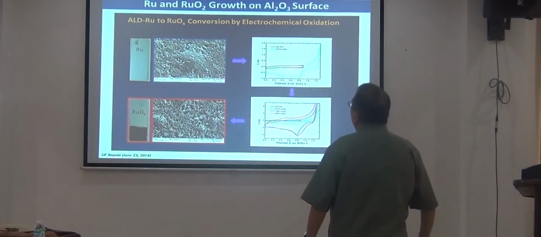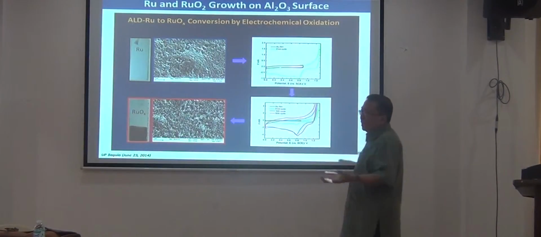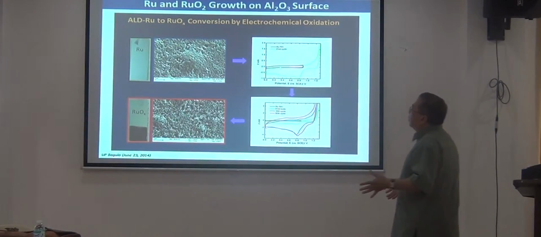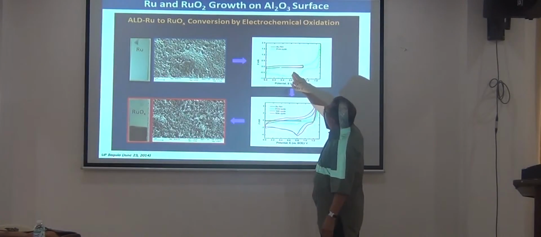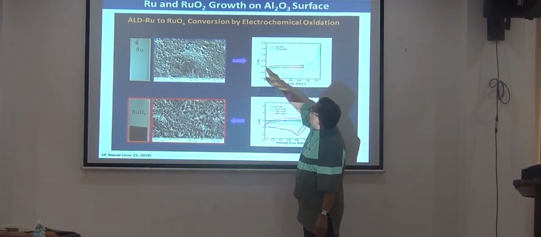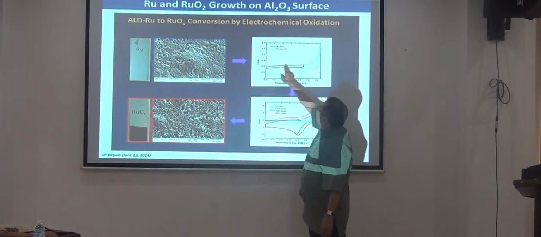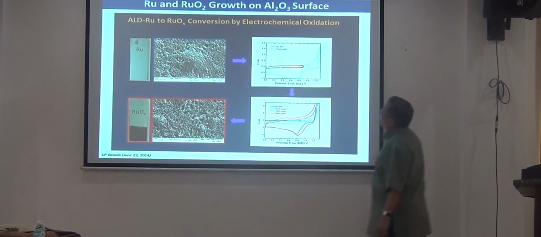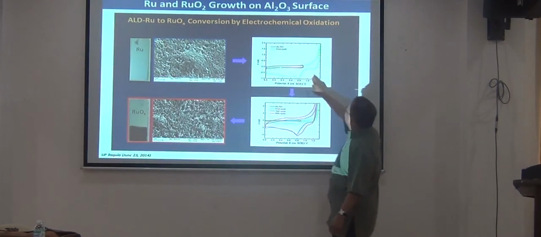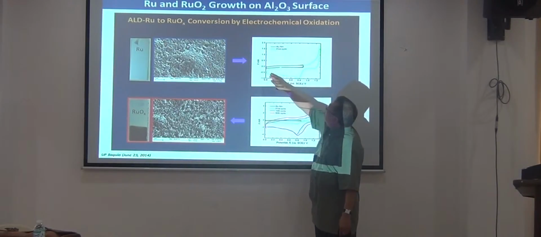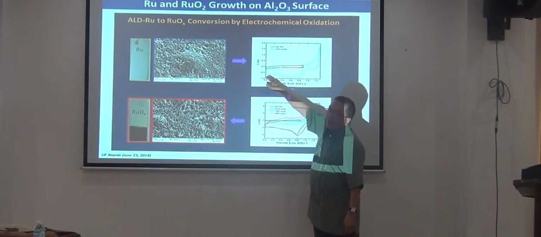Now, on the other hand, what about ruthenium? Well, if we start with ruthenium, what we discovered was if you do your standard cyclic voltammetry to measure the capacitance, that's this black curve here. But what we found is that if you go beyond 0.9 volts, in this case, you start oxidizing the ruthenium.